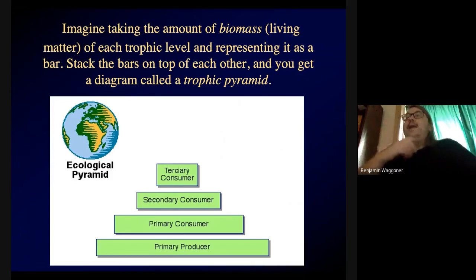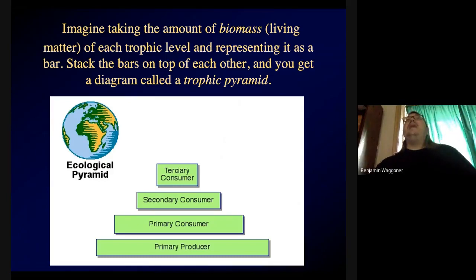What you would find is that if you could weigh all of the primary consumers that eat the plants, all of the bugs that feed on the plants, you'd get roughly 10,000 pounds of bugs. And then if you could weigh all of the little rats that eat the bugs, all the little rodents and things like that, and maybe the predatory insects like dragonflies too, if you could weigh all the secondary consumers, you'd get roughly 1,000 pounds of those.